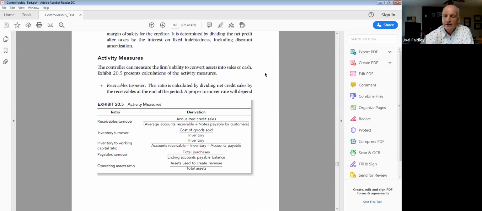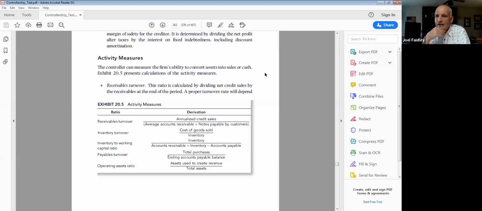Receivables turnover. Why is that important? You want your receivables turnover to be as high as possible, just like you want inventory turnover to be as high as possible, right? Very important. And asset turnover. You want all those to be high because that means you're really employing that. With receivables, they don't actually show the days of receivables, do they? So when you get your receivables turnover, you want to divide that into 365, or excuse me, 365 divided by your receivables turnover will put it into number of days.